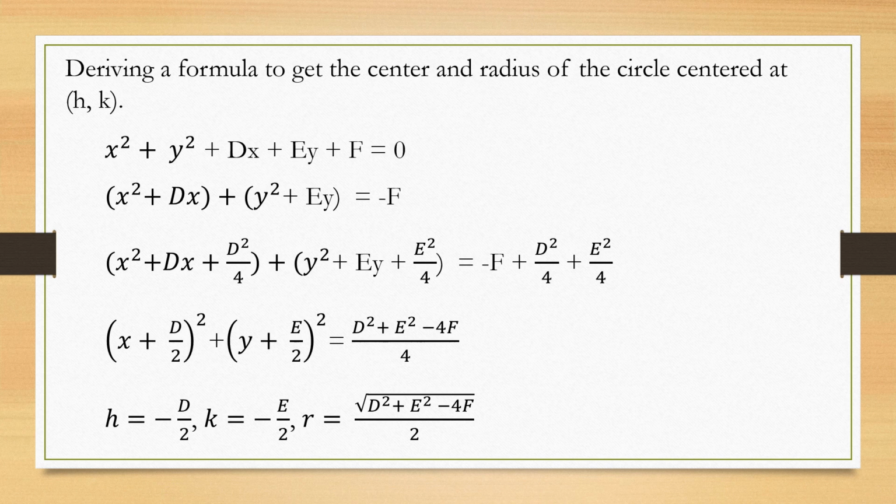That is e over 2. Then we square it, so the result will be e squared over 4. That is equal to negative f. Whatever quantities we added on the left hand side, which are d squared over 4 and e squared over 4, will also be added to the other side. So we have negative f plus d squared over 4 plus e squared over 4.